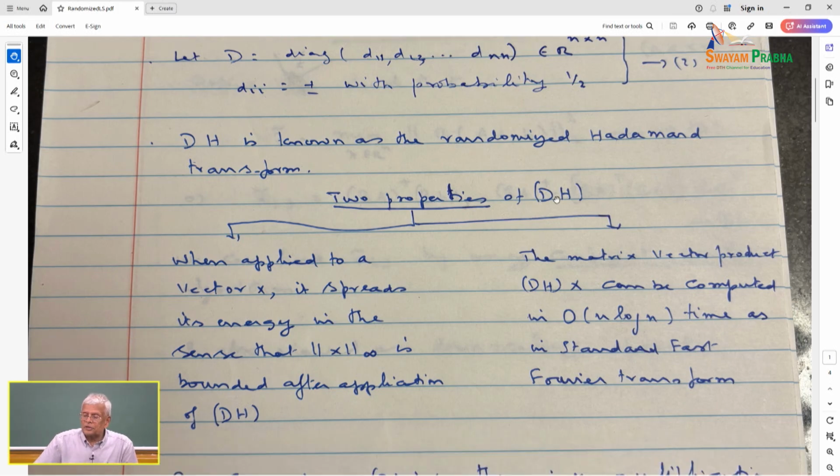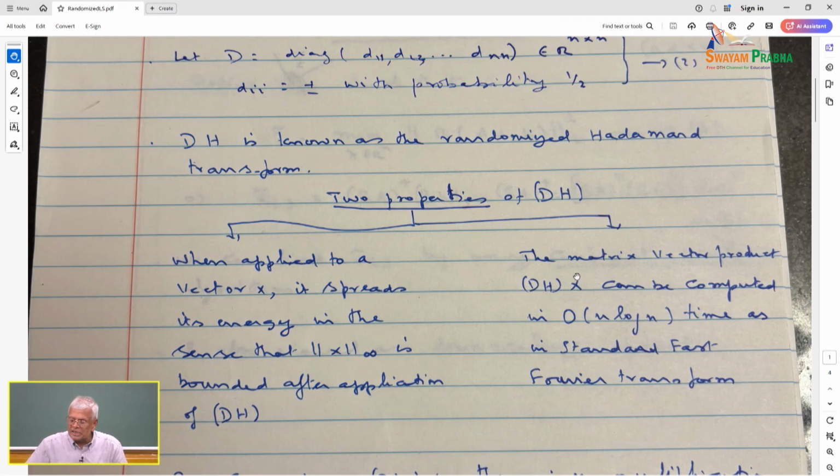So, two of the properties of DH. The first property we have already seen: the matrix-vector product DHx. Now, please understand, DH inherits all the properties of H except that it is random. It can be computed in n log n time. So, you can compute Hx in n log n time, and then you can multiply the vector Hx by D. Multiplying a vector by a diagonal matrix involves only n operations.